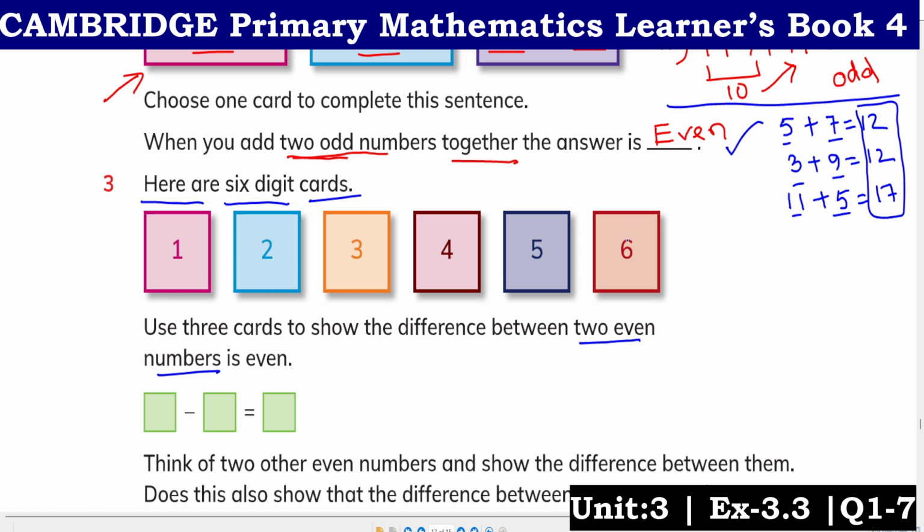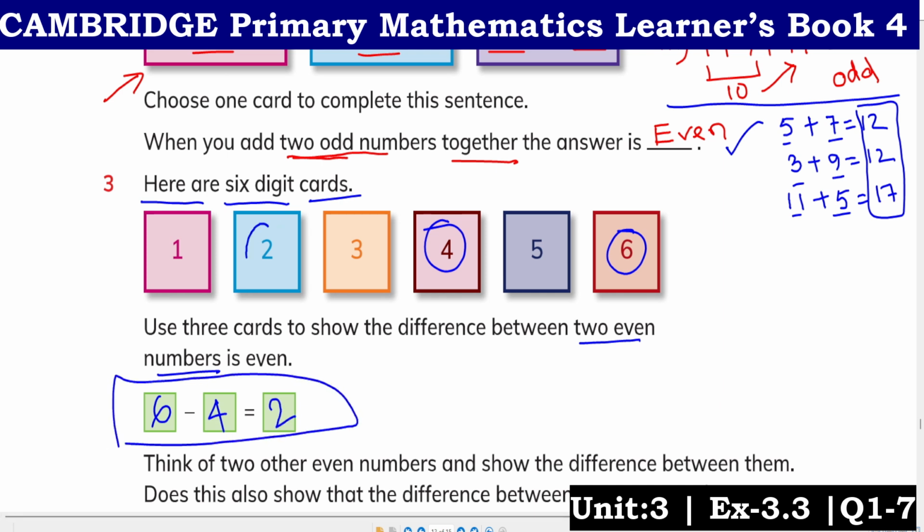So let's say we take 6 and 4 and the result is 2, and this is a correct statement. Let's say 4 minus 2 equals 2.